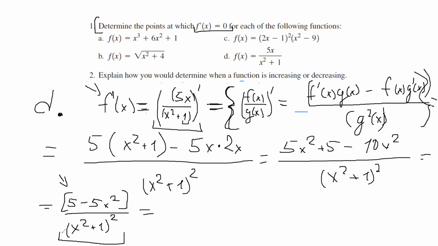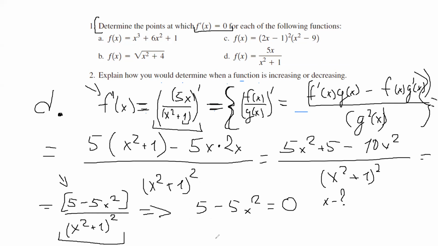So now I forget about the denominator and I just simply look into the numerator, 5 subtract 5x squared. And I need to find when this is equal to 0. What is the value of x? Can't you simplify a 5?